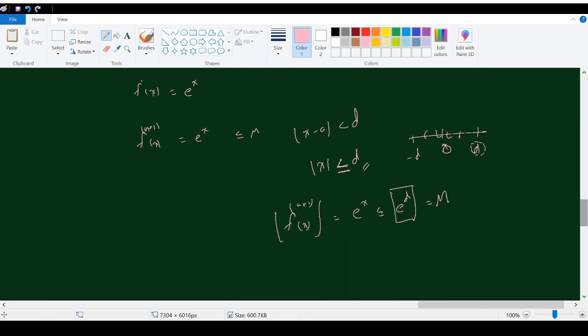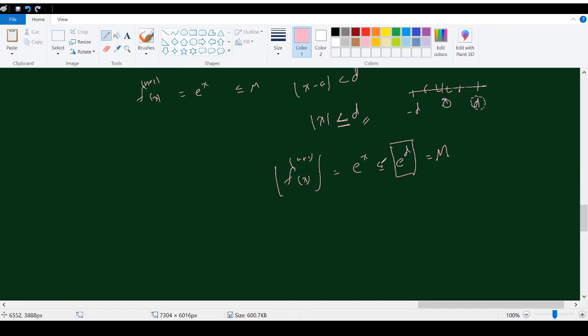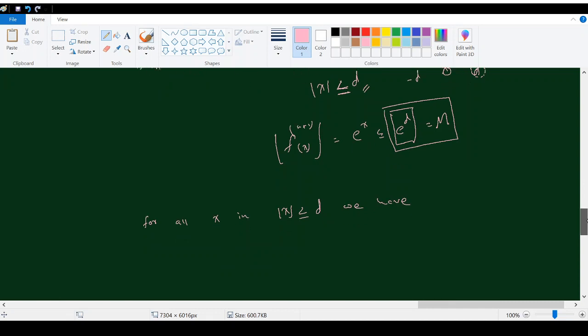And therefore, if we consider M as e to the power d, eventually what we have is, for all x values with |x| less than or equal to d, the (n+1)th derivative f^(n+1) is less than or equal to M, which is equal to e to the power d in our specific function.